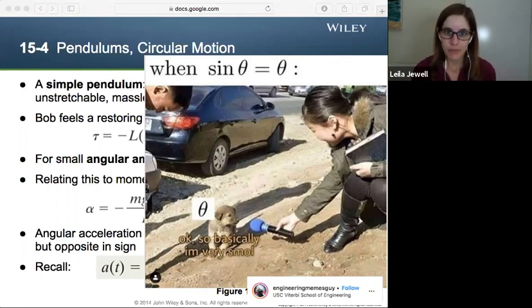Plug in small angles, and if you check sine of that angle versus the angle, it's basically the same thing. It works, I'd say certainly up to 5 degrees, maybe up to 10 degrees. One caveat though is that we'll have to switch back to radians for the math to work out properly.